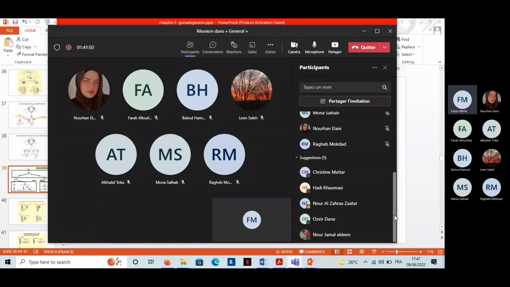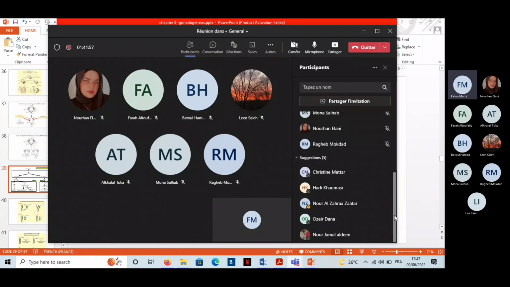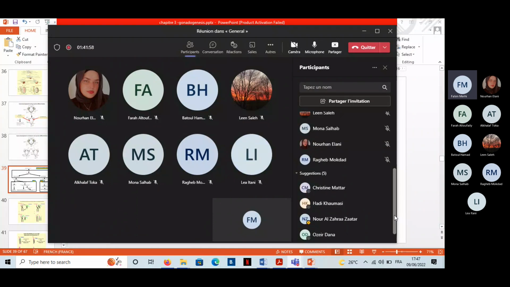Let me also see what they put for you in the book. During the testicular differentiation, we have the appearance of the seminiferous sex cords, which will later be the seminiferous tubules, and they are first without a lumen.